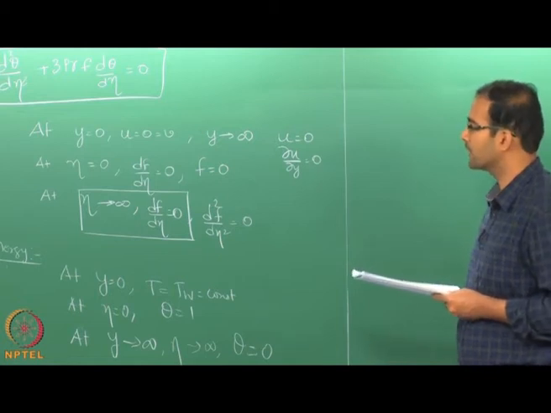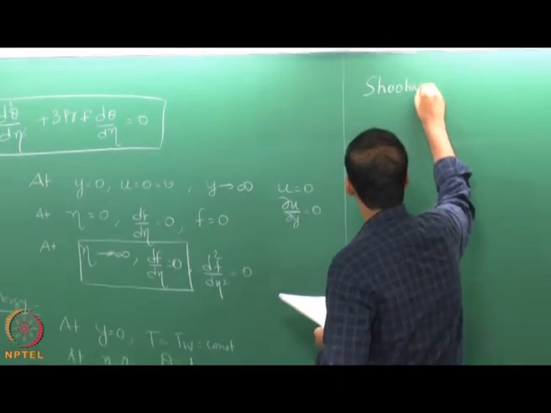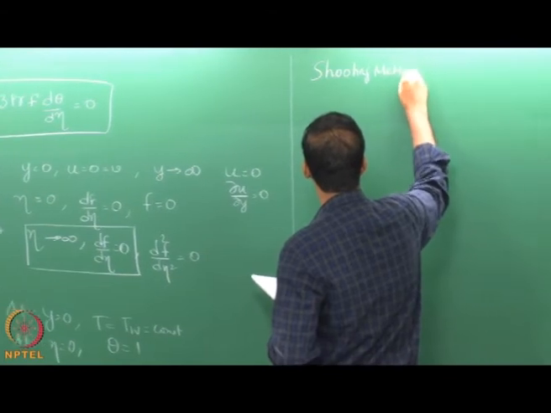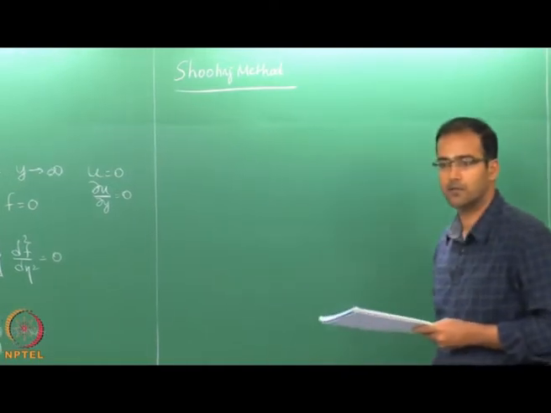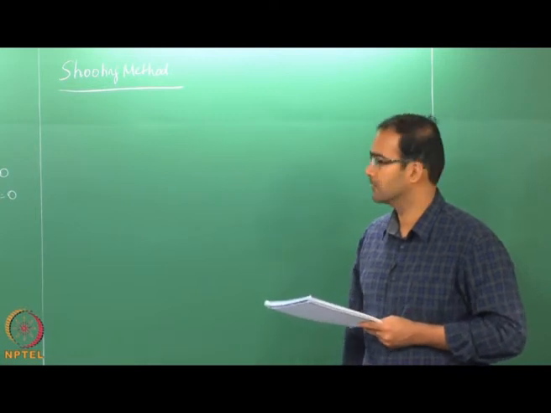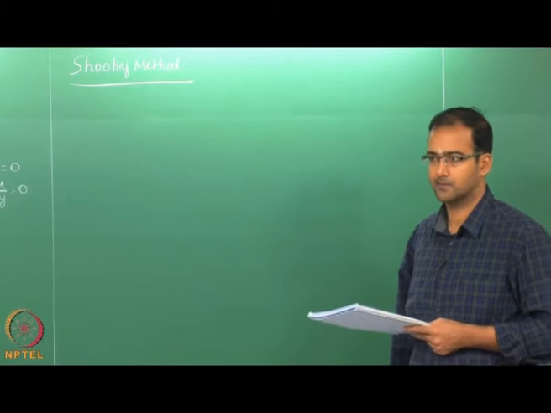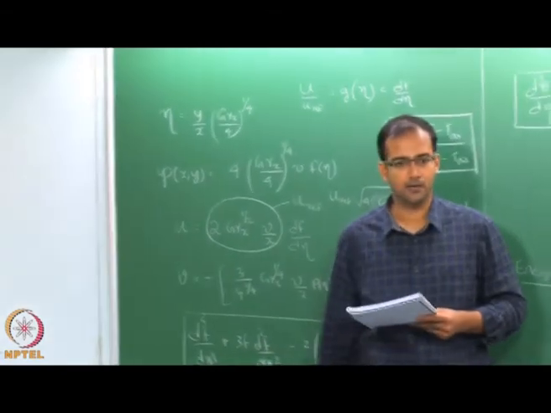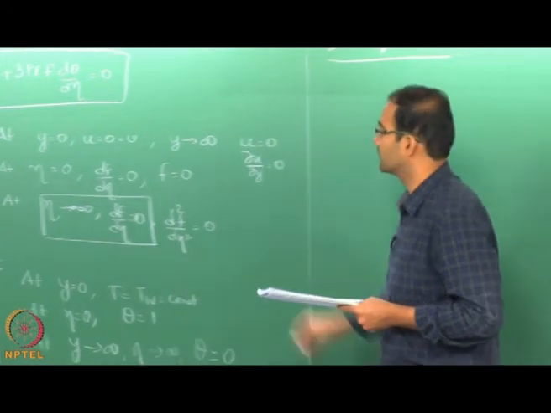So, we will once again use the shooting method that you are so familiar with by now, you have been using it for so many different problems, both in external convection as well as in internal convection. Okay. So, you know the equations, can you please convert them into ODEs of first order. We have a third order ODE, please try to reduce this into 3 first order ODEs, and similarly the energy equation.